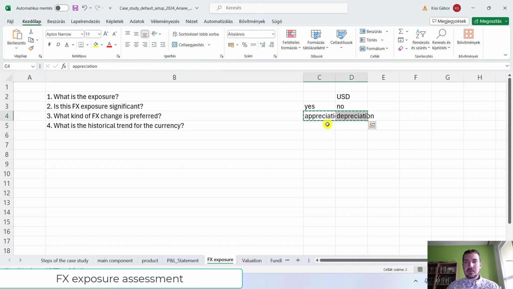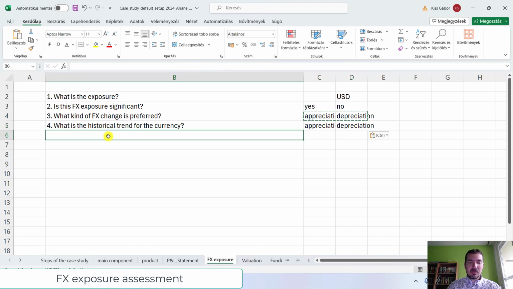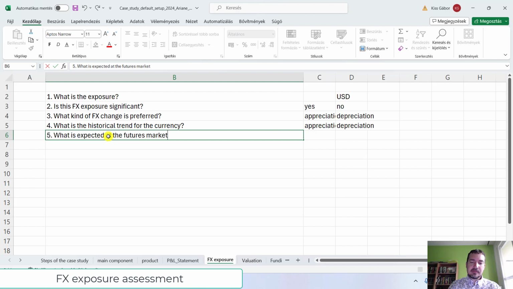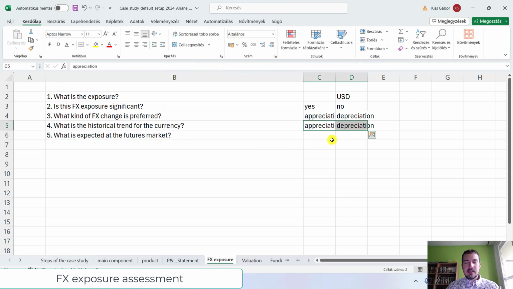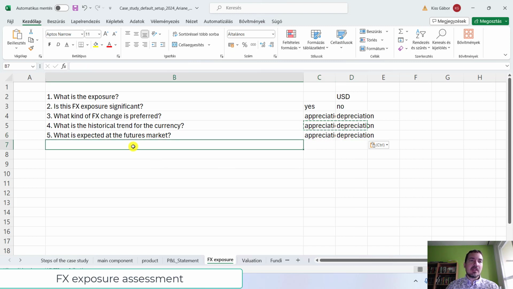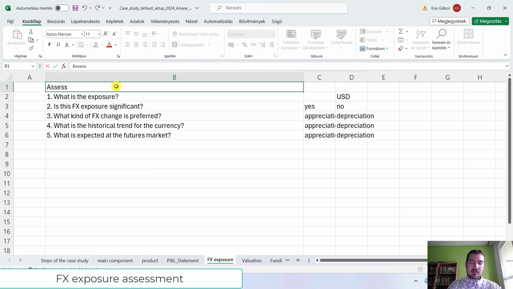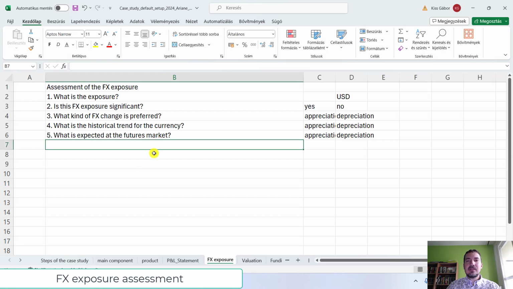Then we can see whether we are supported by the historical trend or not. And also, what is expected at the futures market? After that, when we have our position and once we realize what we are doing here, then we can see hedge strategies.